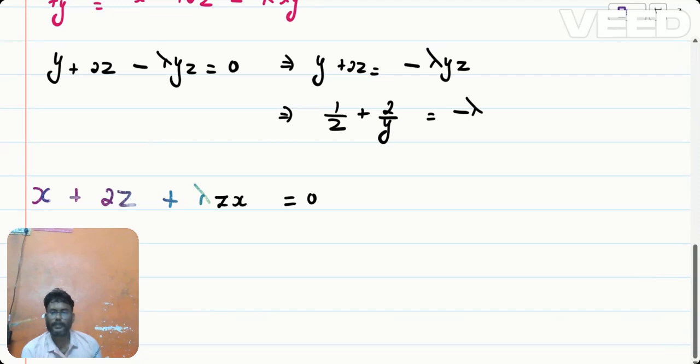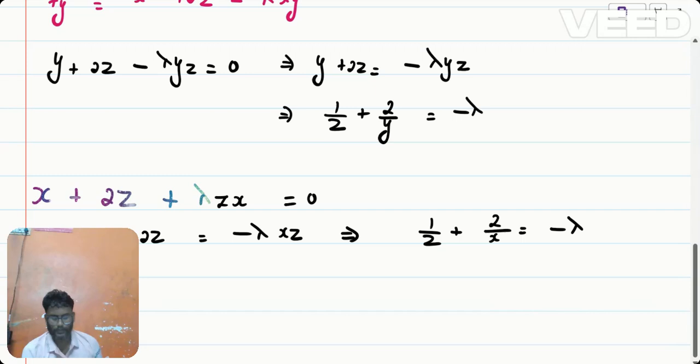So x plus 2z equals lambda xz, and dividing by xz we get 1 by z plus 2 by x equals lambda.